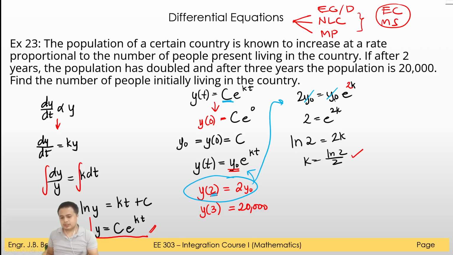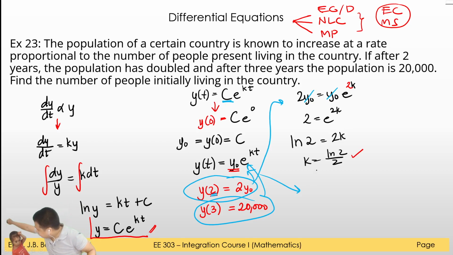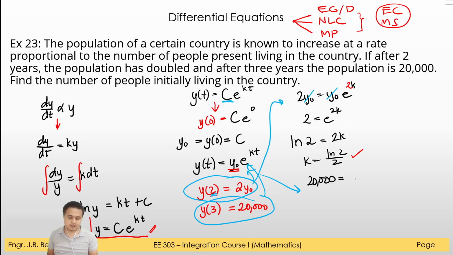And after that, we can solve for what's next. So y of 3 is equal to 20,000. We can find the initial population using this. So you have here y of 3, which is 20,000, and the time is equal to 3.